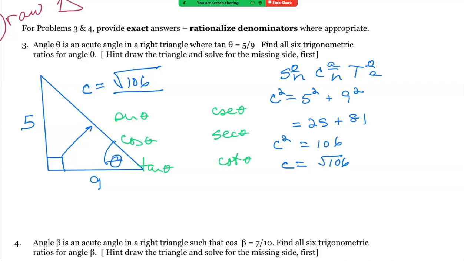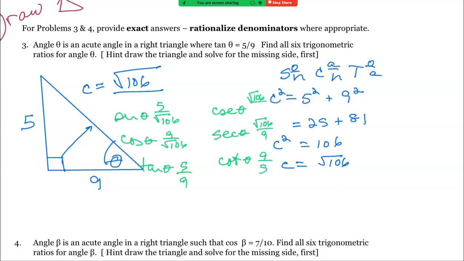Okay, sine of theta is going to be 5 over root 106 from theta's perspective. Cosine is 9 over root 106. Tan is 5 over 9. Get your flips. 9 over 5. Radical 106 over 9.